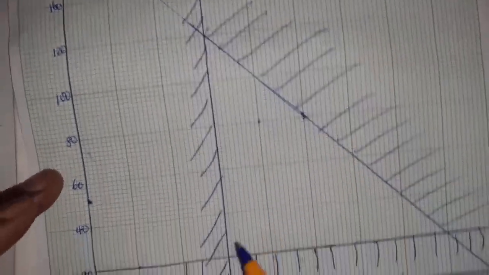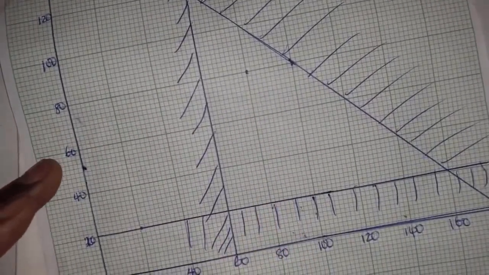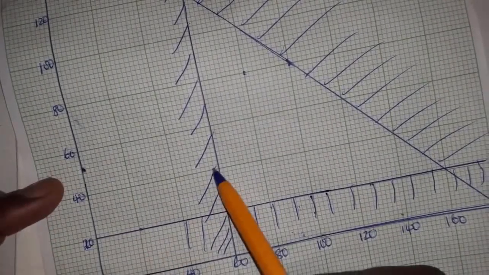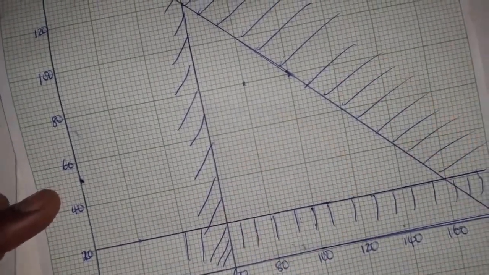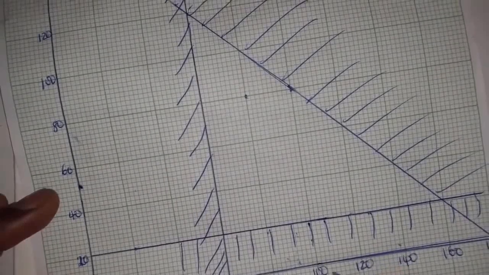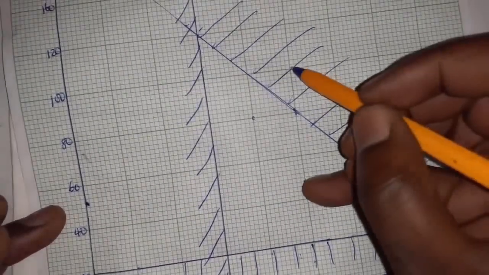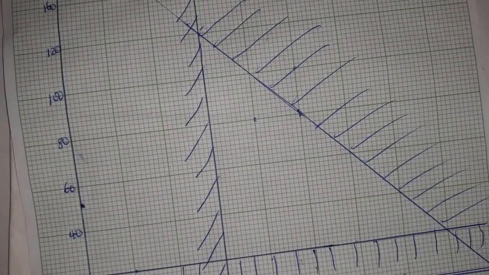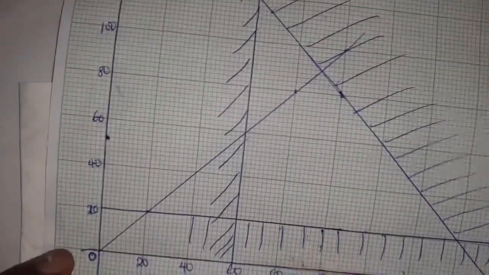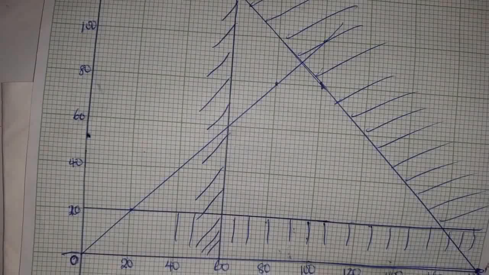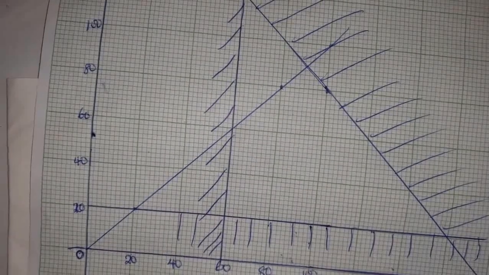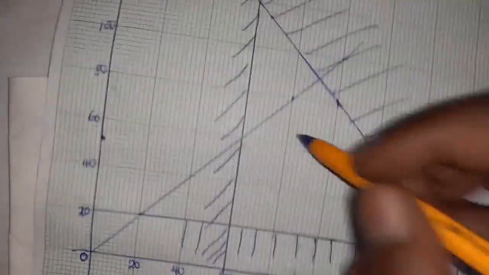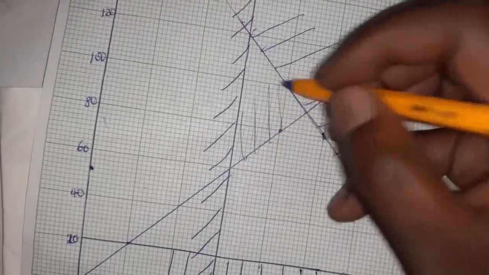So you just draw a straight line from 0, 0, 20, 20, 40, 40, 100, 100, this one. So it will be this. So you shade.